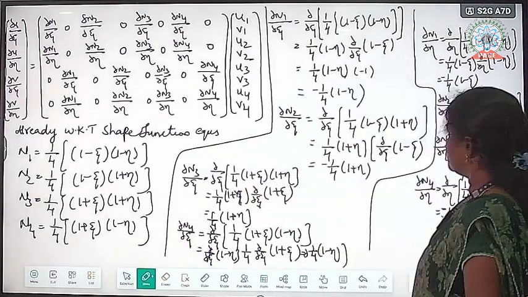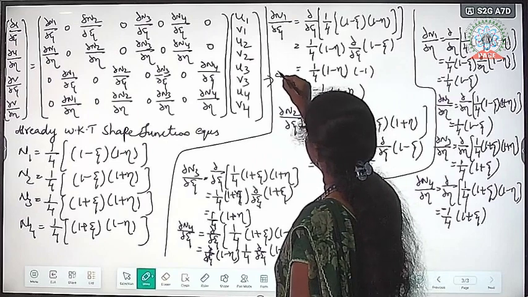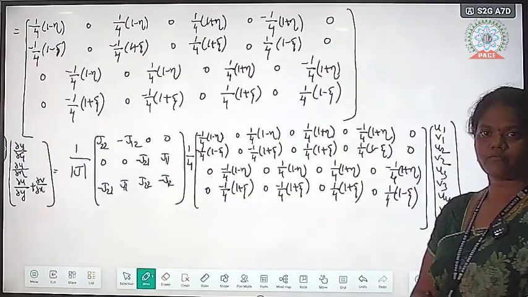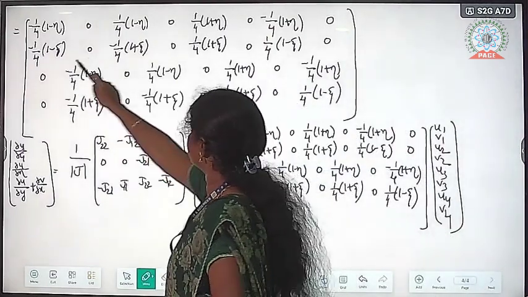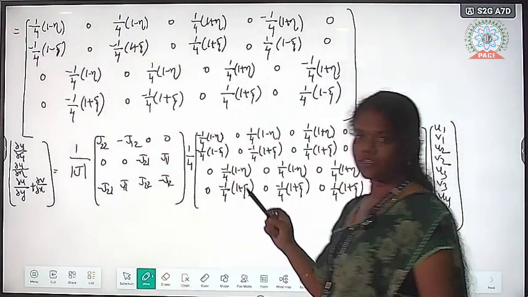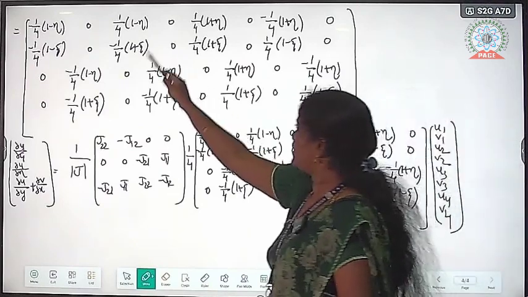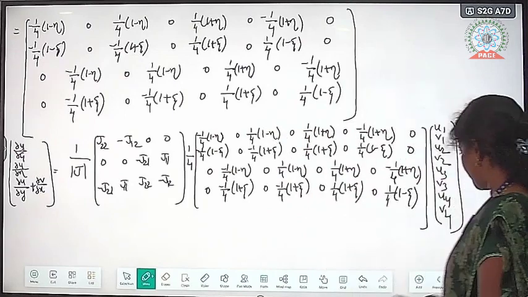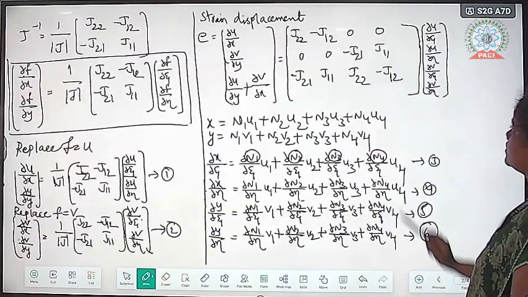These values have to be substituted in equation number 6. At last we have to substitute those N1, N2, N3, N4 related to the xi and eta parameters, and write these equations in this matrix form. After writing in this matrix form, we have already done the strain displacement matrix equation here.